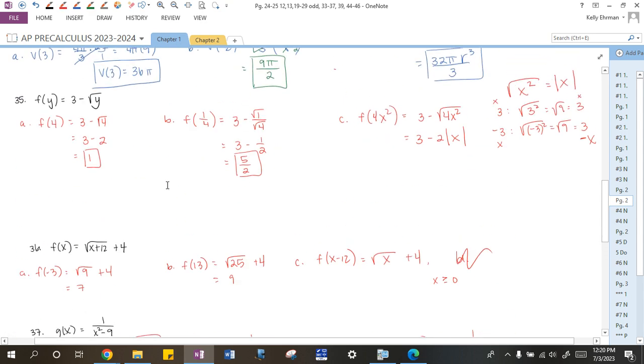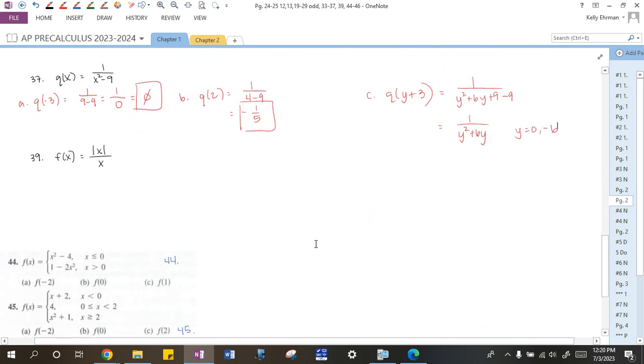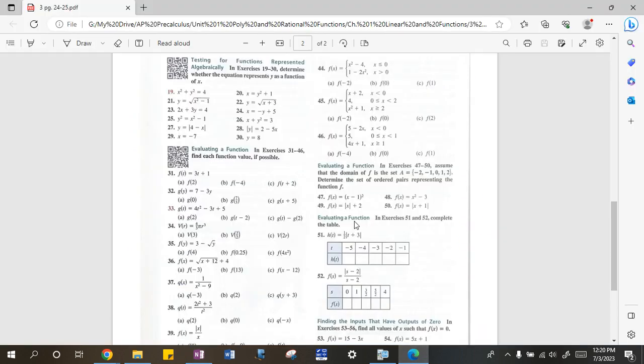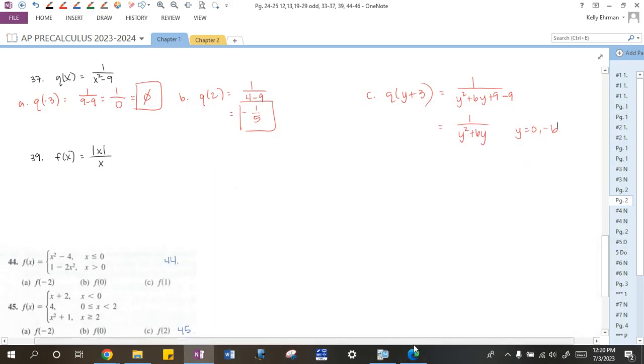For 39, I seem to have cut those off, so let's see. 39, f of 9, f of negative 9, f of t.